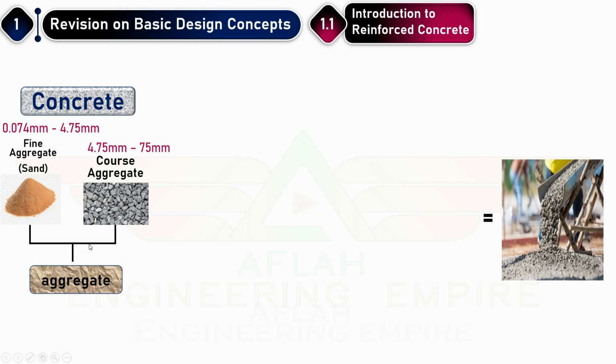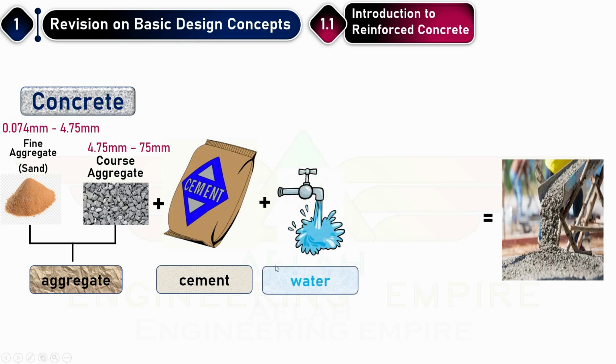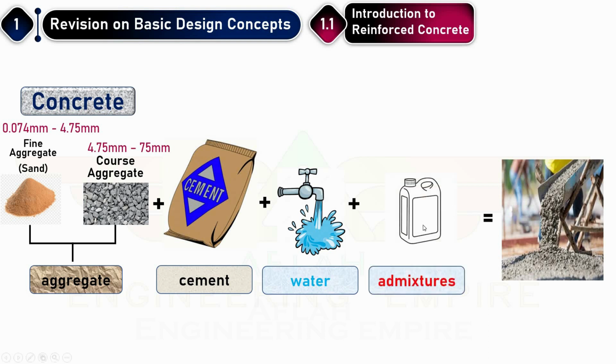So this is the aggregate that is one component of the concrete. When this aggregate is mixed with cement, and we add some water as required, and sometimes we may add admixtures to alter some of its properties. Okay, so basically concrete is the mixture of these three. However, admixtures may be added as required.